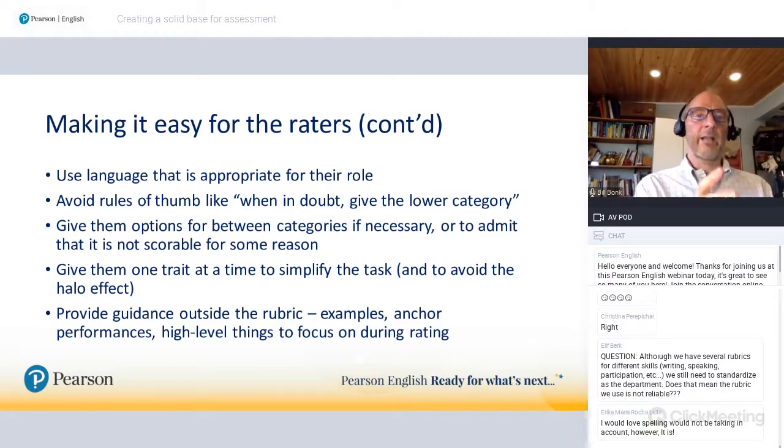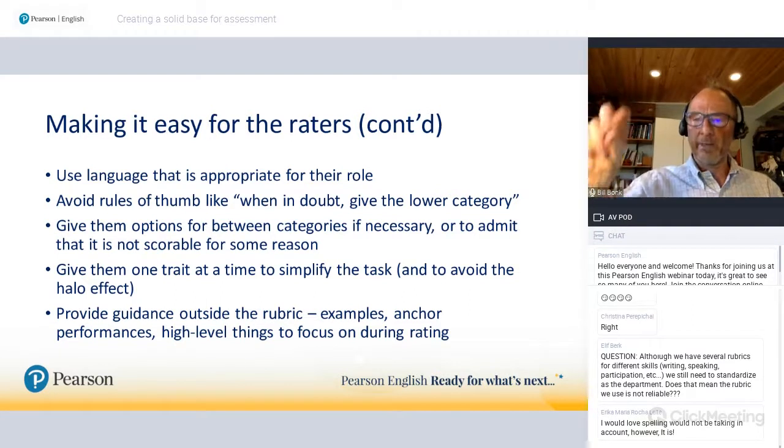And often the rubric itself should be quite simple in language. So we often will take examples, anchor performances, and high-level things to focus on and take them out of the rubric and put them in the training so that the rubric is simple. It's one page right next to them. As they're looking at the performance or listening to it, they're looking at a very simple thing, and they've internalized some of the other things, which are anchors, like this is a real level 2 performance, this is a real level 4, or examples of things that people might say or do, or high-level things to focus on.